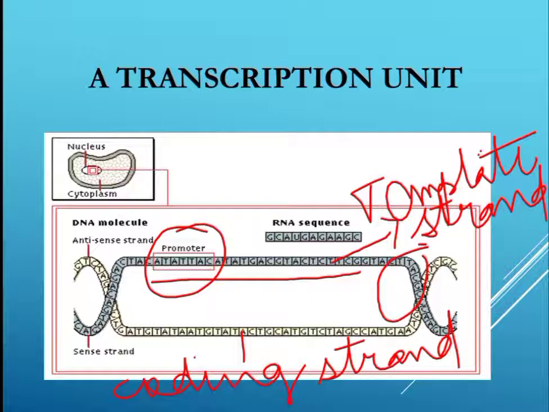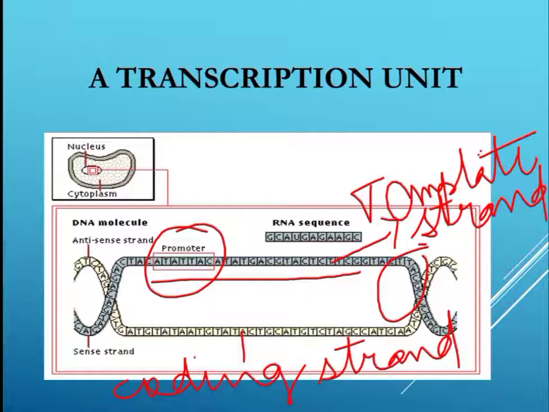Okay. Now let us study about the transcription unit and the gene. Gene is the functional unit of inheritance. The DNA sequence coding for tRNA or rRNA molecule also defines a gene. Second is cistron.